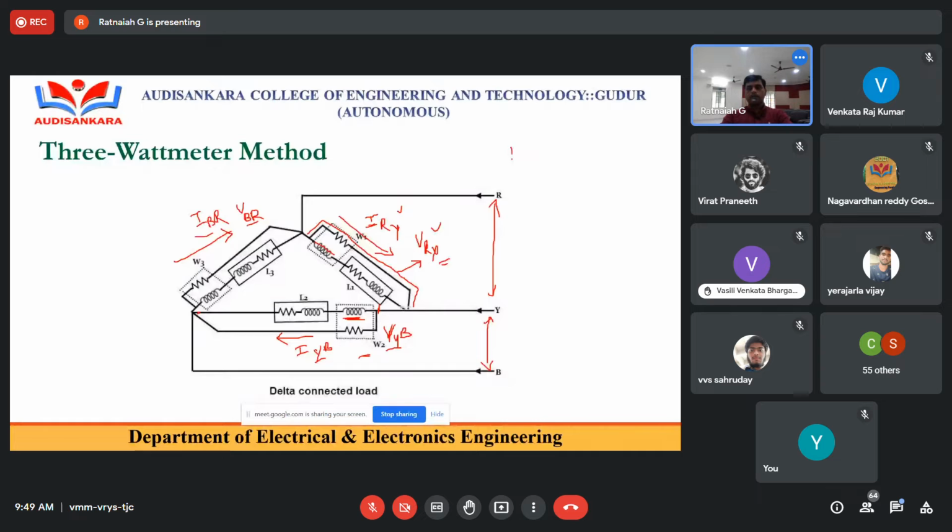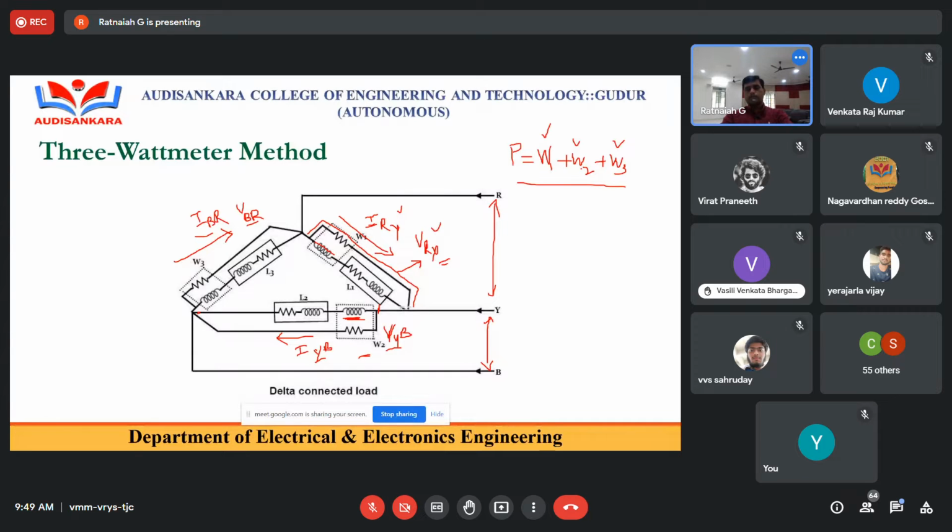That time, again, we can calculate total power P is equal to the reading of W1 plus the reading of W2 plus the reading of W3.